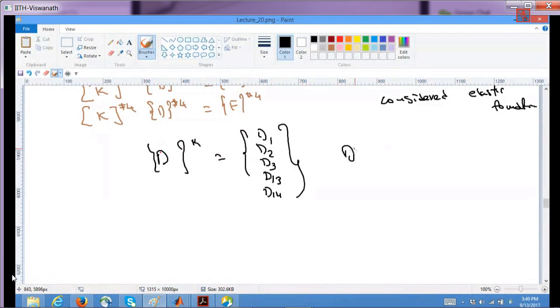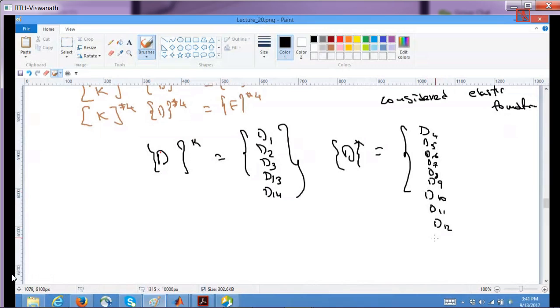And D unknowns are D4, D5, D6, D7, D8, D9, D10, D11, D12, and D15. 13, 14 are already covered here. So these are D unknowns.